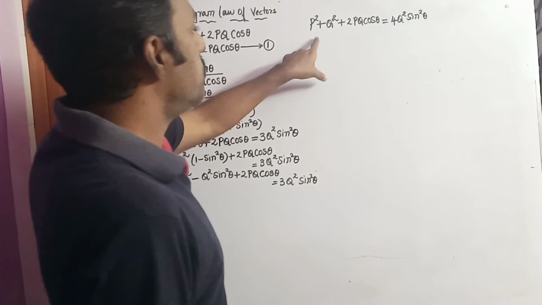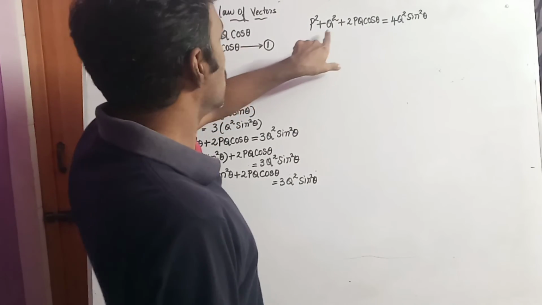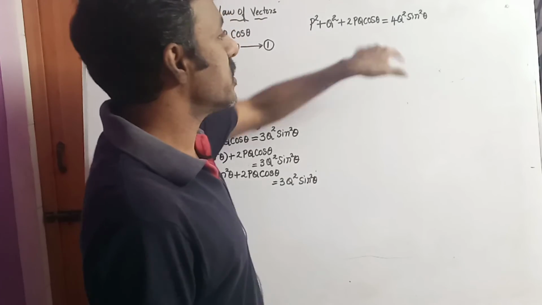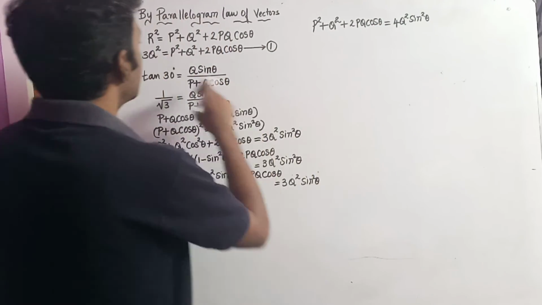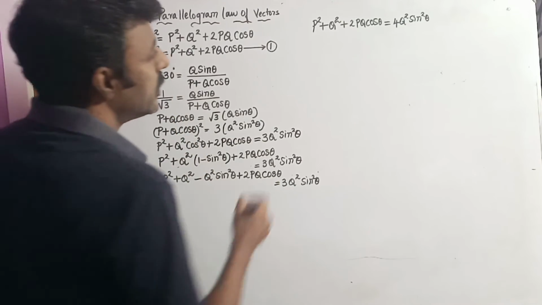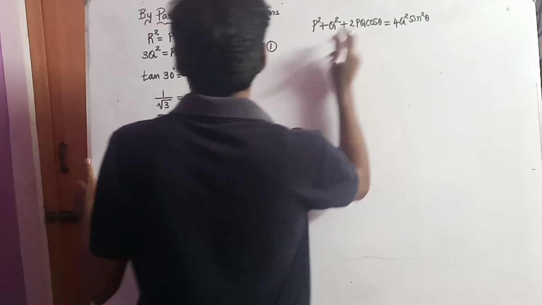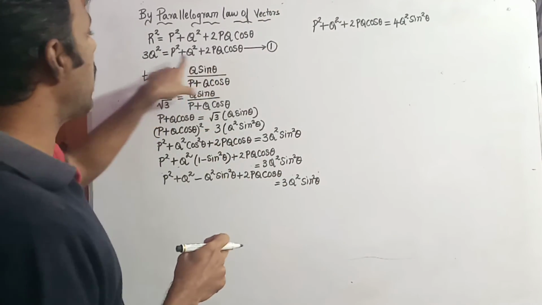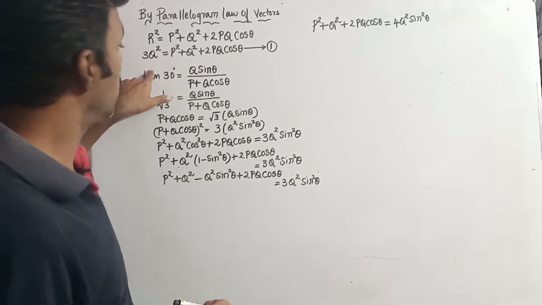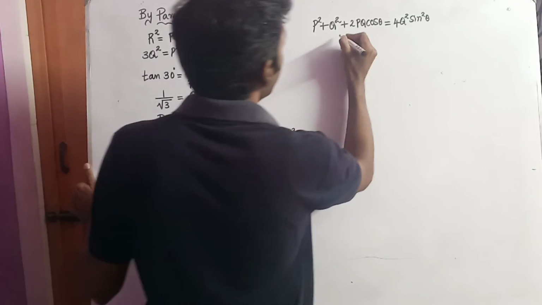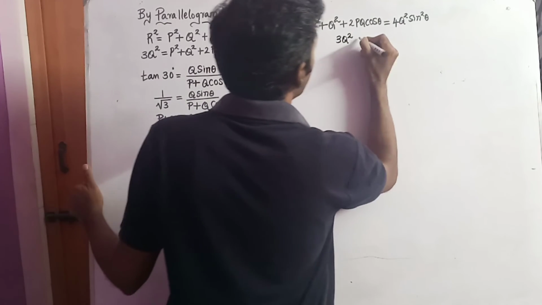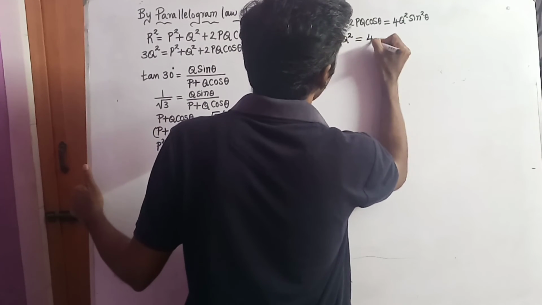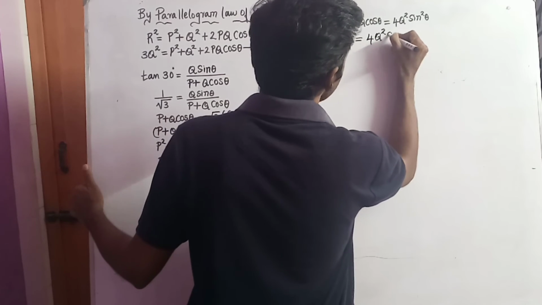So what is p squared plus q squared plus 2pq cos theta? It is nothing but 3q squared. From equation 1, this value is 3 into q squared. So applying this, 3 into q squared is equal to 4 into q squared into sin square theta.